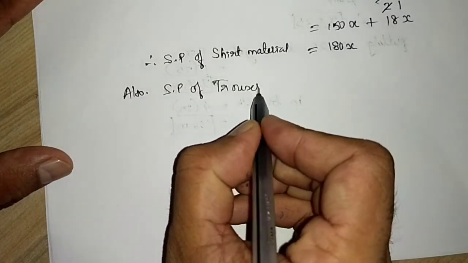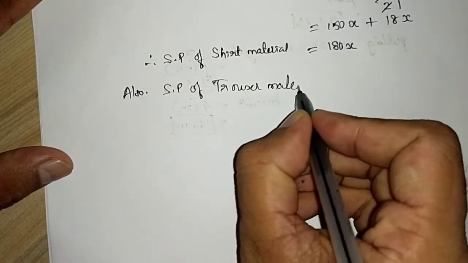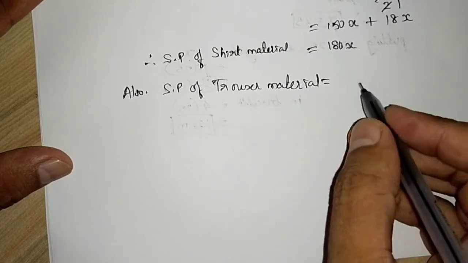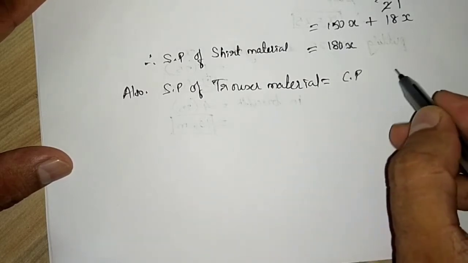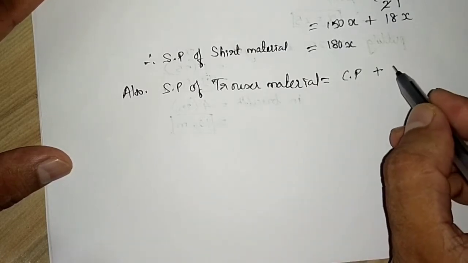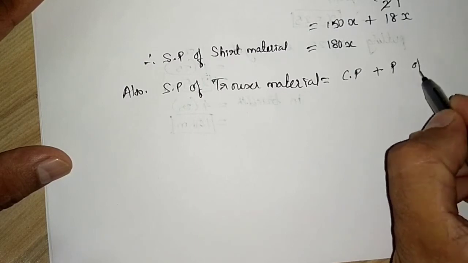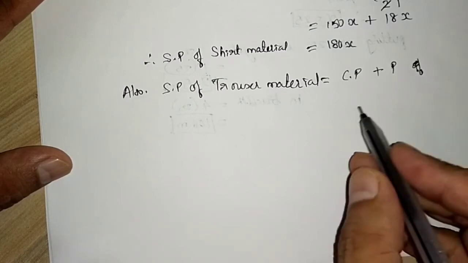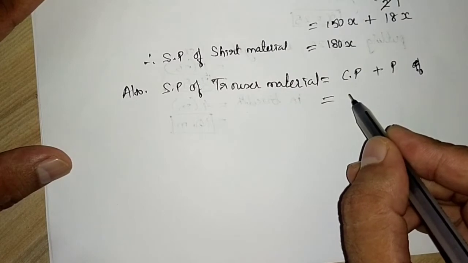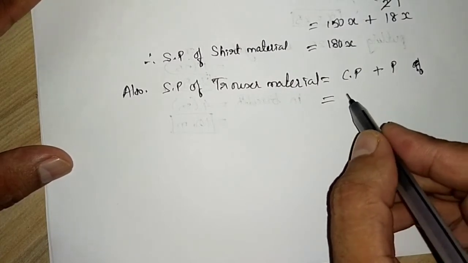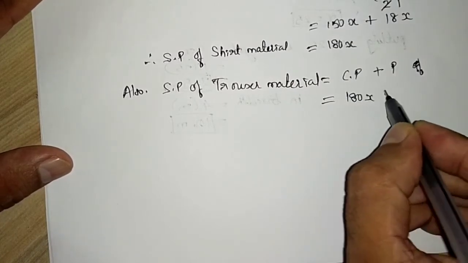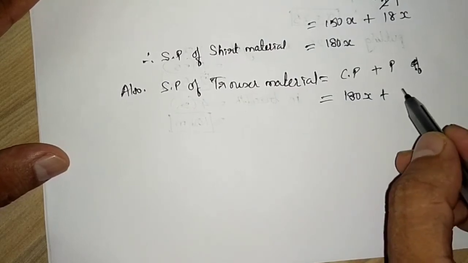Similarly, since trouser is also in profit, we will find the selling price of trouser material, which is equal to cost price of trouser plus profit. So what is cost price? It is 180x plus profit.